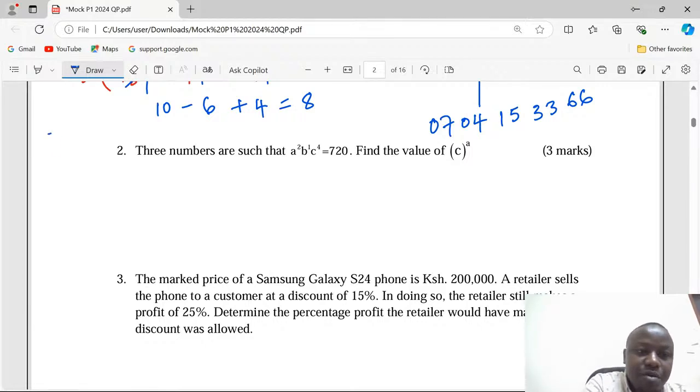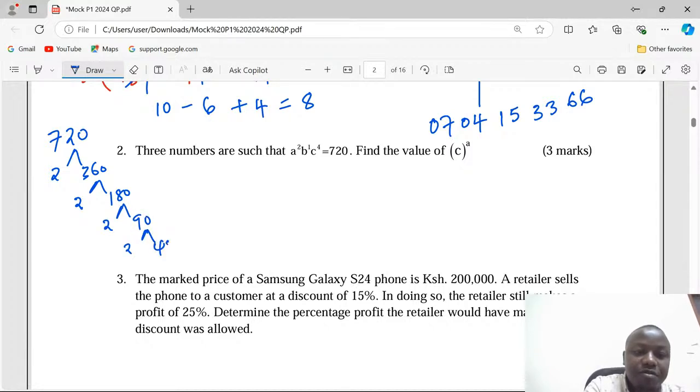So when we begin with 720, we can factorize by 2, we get 360. By 2 again, we get 180. By 2, we get 90. By 2, we get 45. Then from 45, we can divide by 3, whereby we have 15. And by 3 again, we find ourselves at 5.